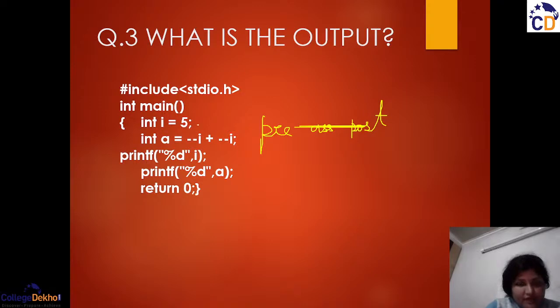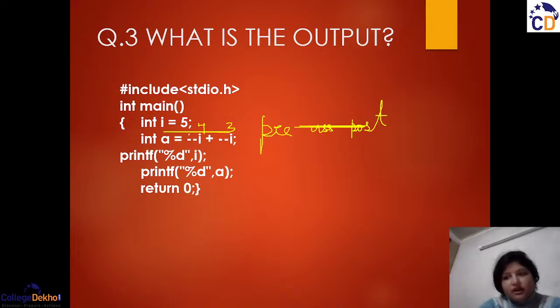So here we take it as now 4, but now the value becomes 3 because of minus minus I. That means 5 minus 1, because the unit increment or decrement by default changes the value by 1. So 5 minus 1 would be your 4, right?